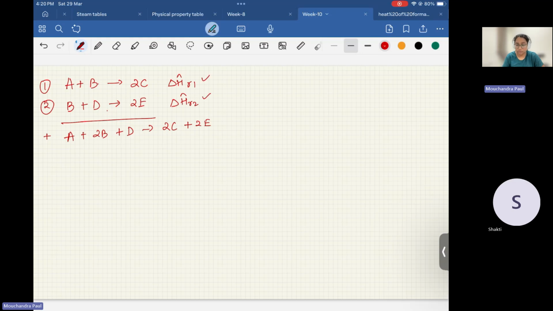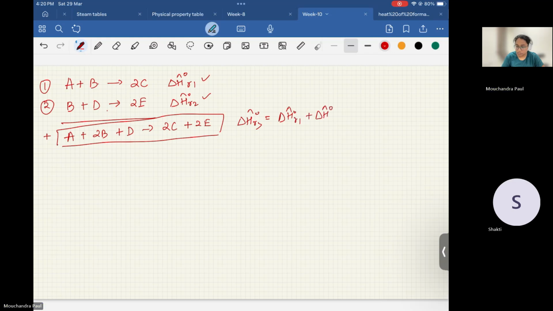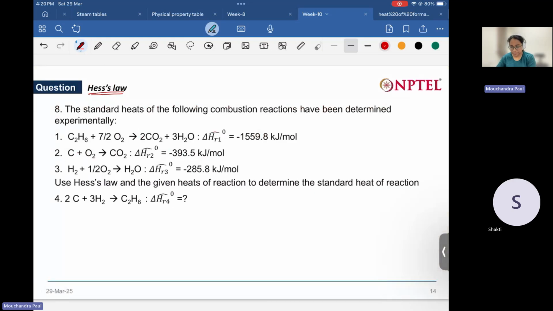If you want to figure out the standard heat of the reaction for this new reaction that you got, you would simply add the standard heats of reaction of 1 and 2 in order to get the standard heat of the reaction for the new reaction 3. This is what Hess's law states.